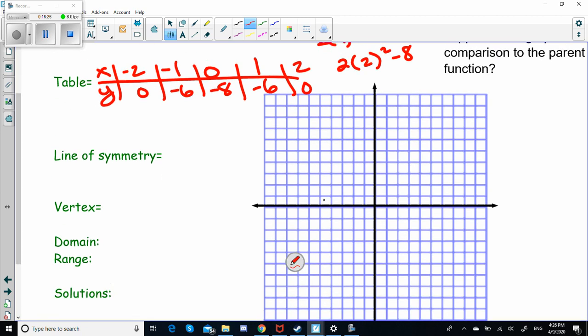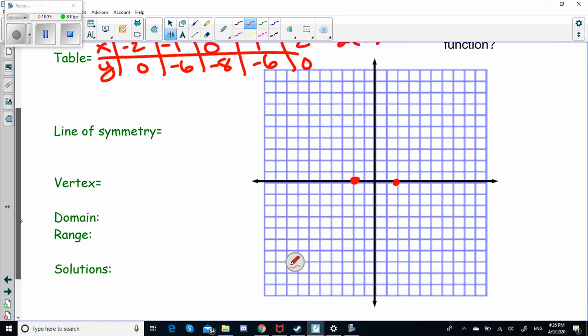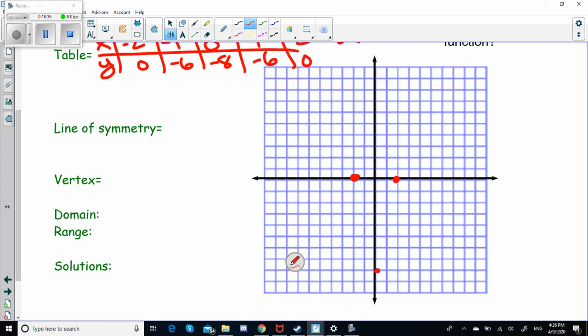All right, so negative 2, 0; 2, 0; 0, negative 8 goes down 8; negative 1, negative 6, and positive 1, negative 6. So we have a parabola. This one's got solutions. I wonder if you know why this one has solutions.